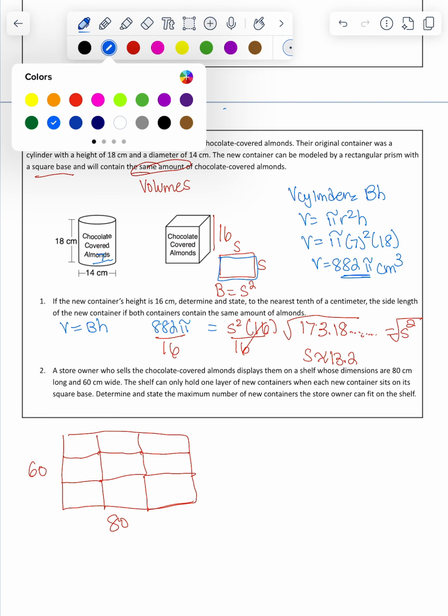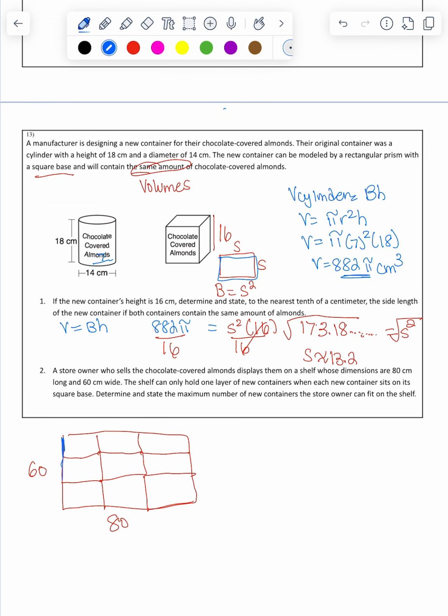Width-wise, the width of the box is going to determine how many you can put, and lengthwise, the length of the base is going to determine how many you can put. You can only put as many 13.2s as will fit in either direction, because the sides of the base are 13.2.